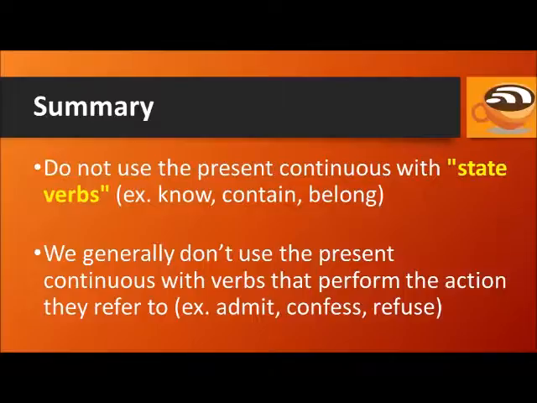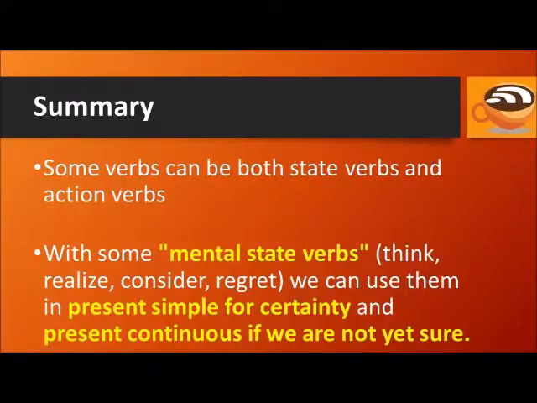And we generally don't use the present continuous with verbs that perform the action they refer to, like admit, confess, or refuse, although there are some exceptions. Some verbs can be both state verbs and action verbs, and if they are action verbs, then we can use them in the present continuous.